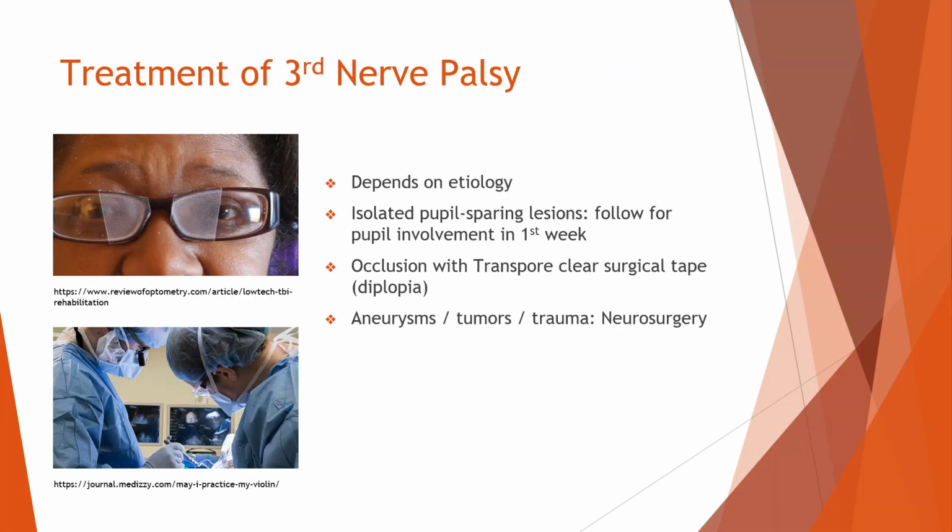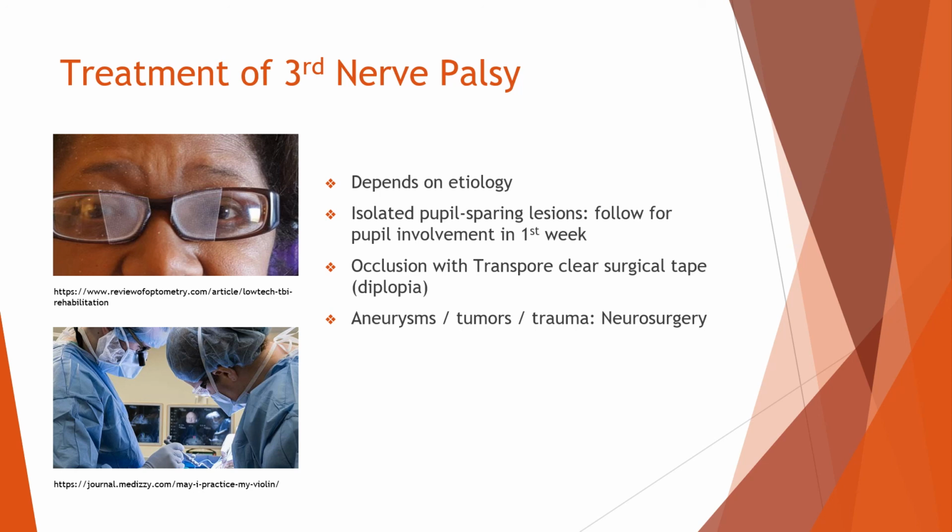The treatment of third nerve palsy depends on the etiology. If the etiology of the palsy is an isolated pupil-sparing lesion, you could follow for any pupil involvement during the first week.